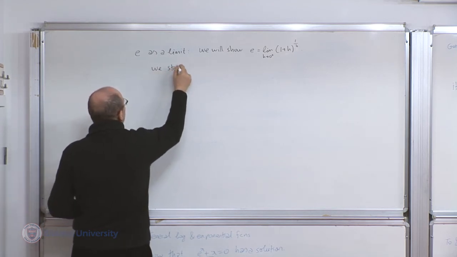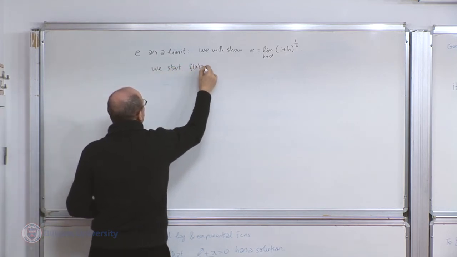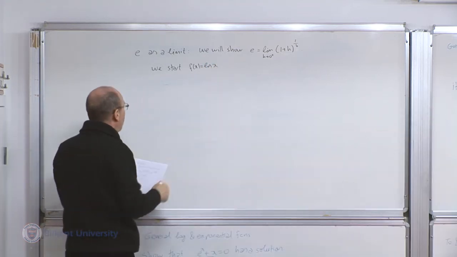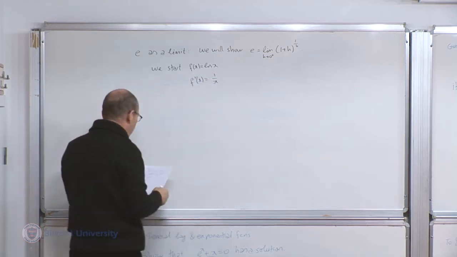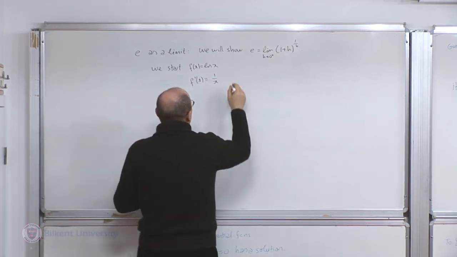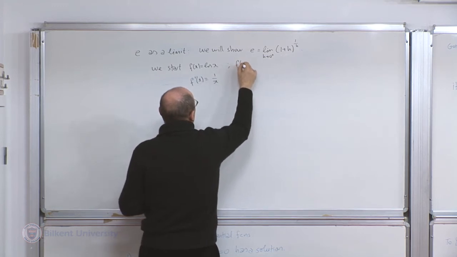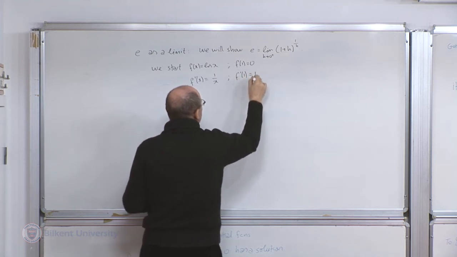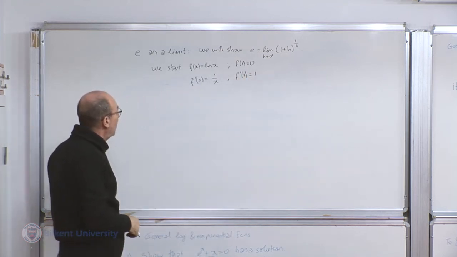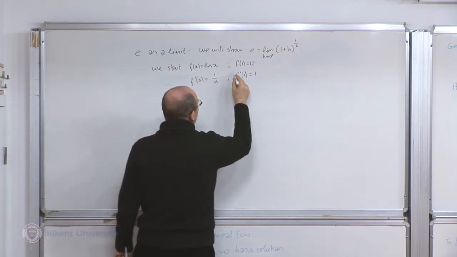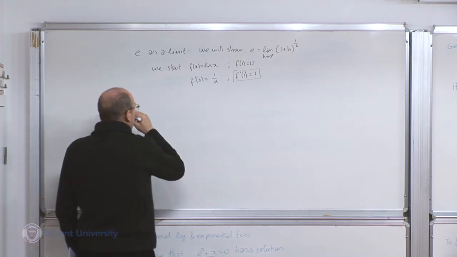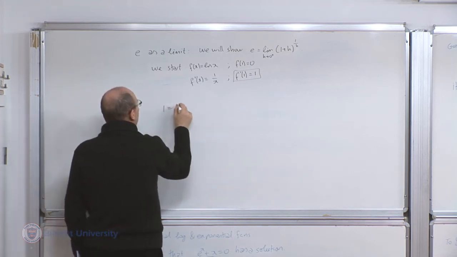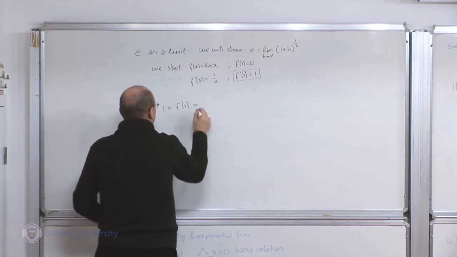So we start with f of x equals ln x, and we know that f prime of x is equal to 1 over x. We also know that f of 1 is 0, and f prime of 1 is 1. Now the trick is we want to write this using the definition of derivative. So 1 is equal to f prime of 1.